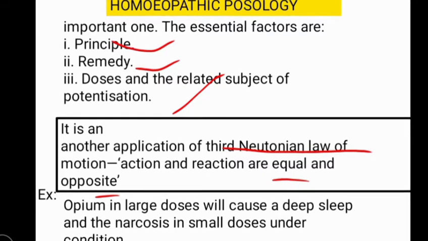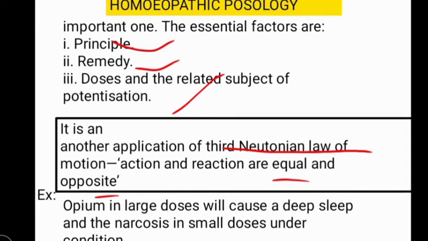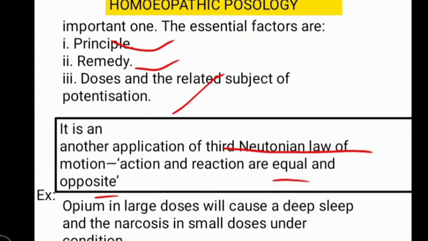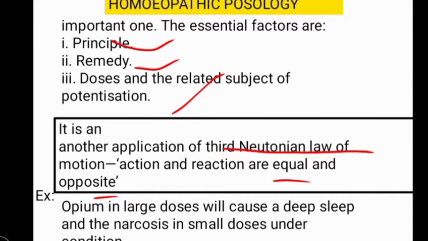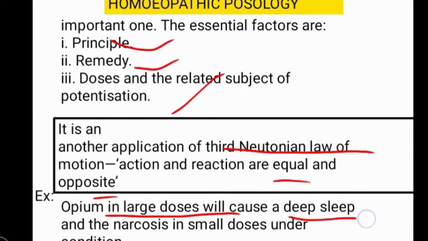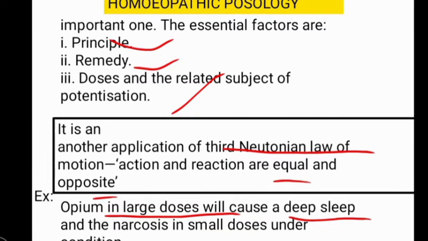Opium is a narcotic substance and an analgesic, from the opium poppy. If opium is given in a large dose to a person, then deep sleep occurs. But if it is one case.